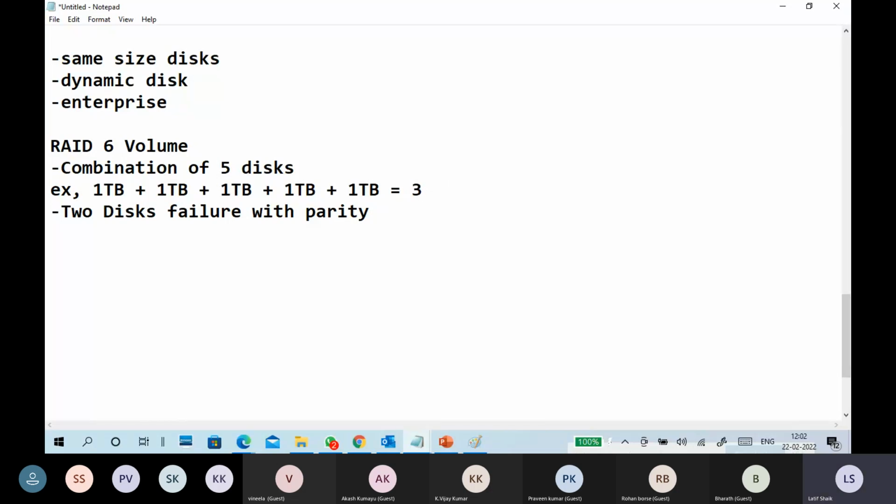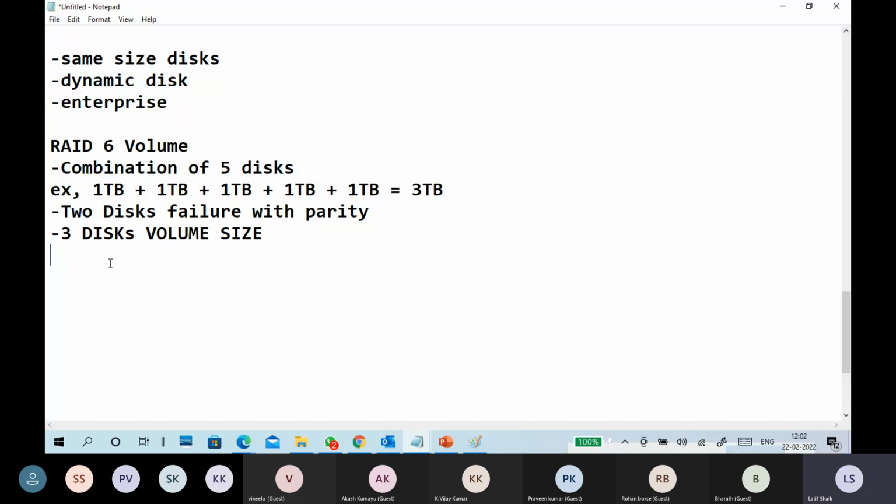So this is RAID 6. It is a combination of 5 disks: disk 1, disk 2, disk 3, disk 4, disk 5. From a combination of 5 disks, we get a 3 disk volume size.